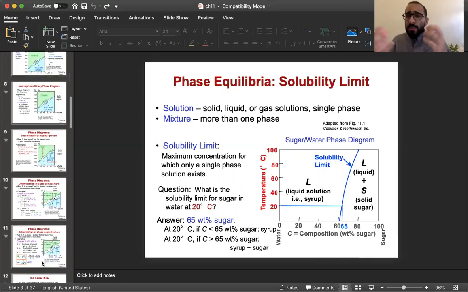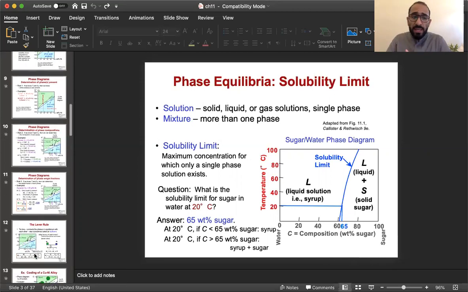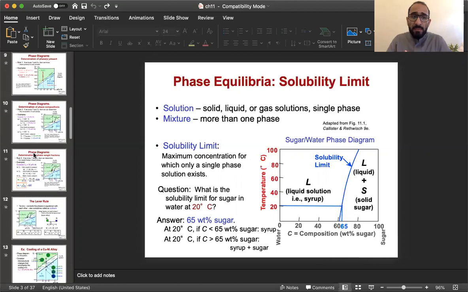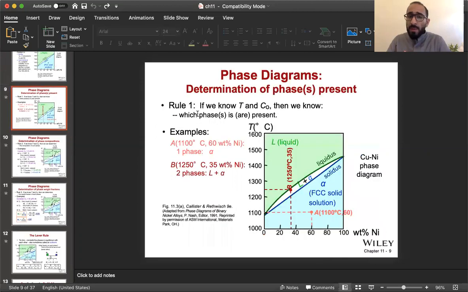So most metals, because there is a solubility limit, end up having more than one solid phase. What was special about copper and nickel is that they can form a single solid phase.